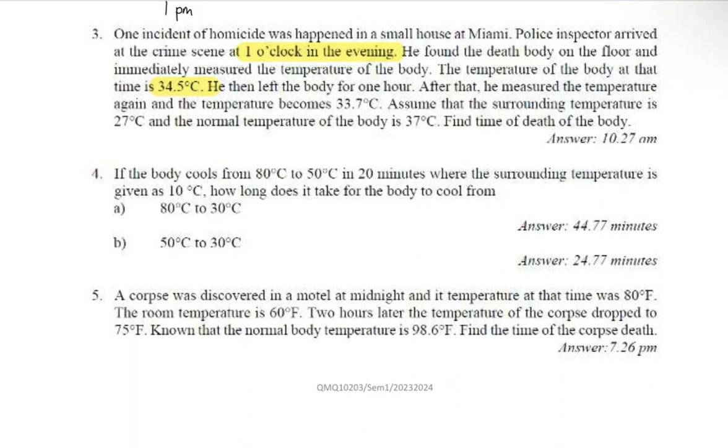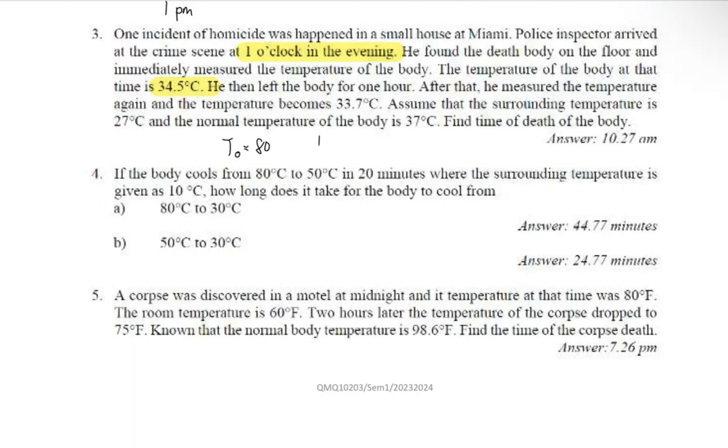If the body cools from 80 degrees Celsius to 50 degrees Celsius in 20 minutes, where the surrounding temperature is given as 10 degrees, how long does it take for the body to cool from 80 to 30 degrees? Initially at t equals 0, the temperature is 80.